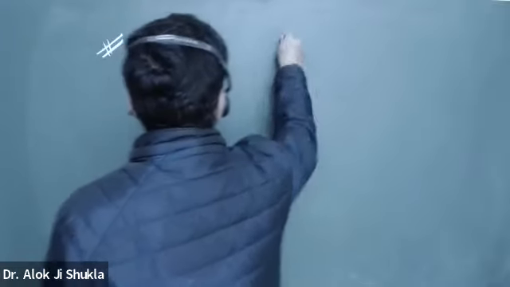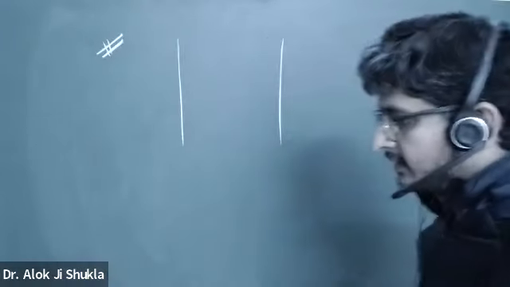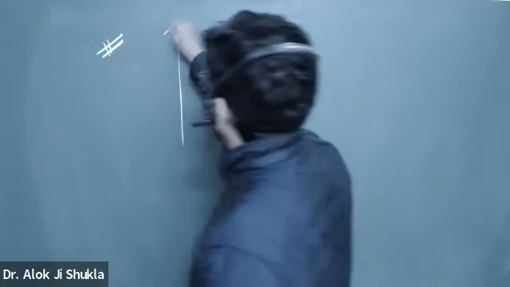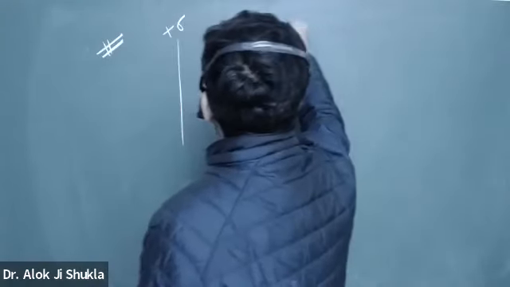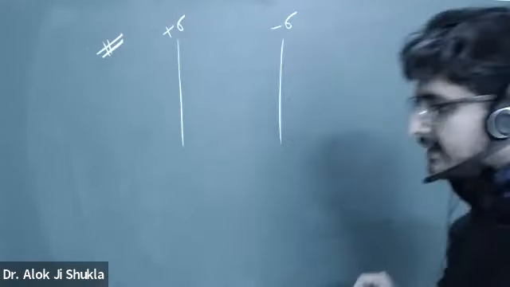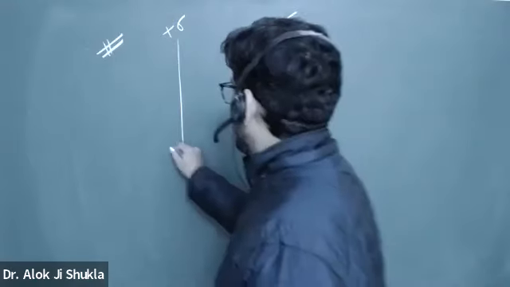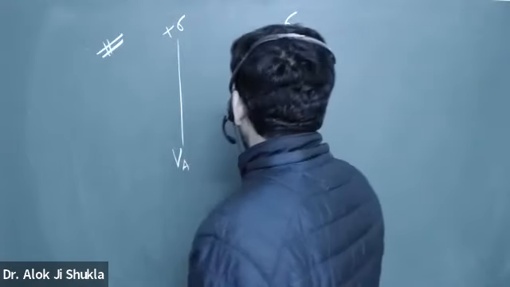सो ऐसे ही चलो एक केस लेते हैं कि सपोज दीज आर टू पैरेलल शीट्स, इनफाइनाइट पैरेलल शीट्स। यहाँ पे है चार्ज डेंसिटी सिग्मा और यहाँ माइनस सिग्मा है, and let the potential here is VA and here potential is VB.